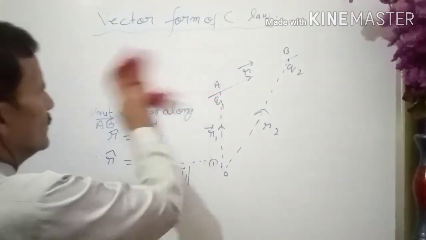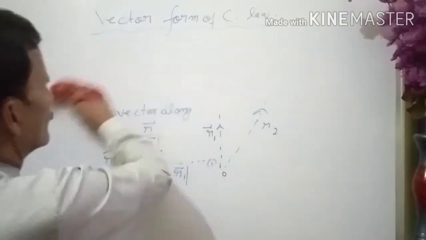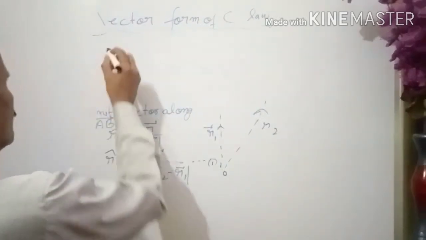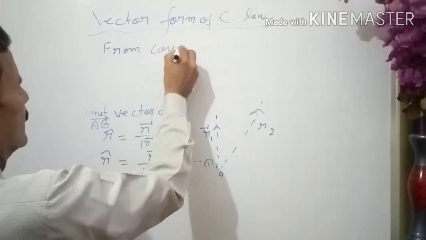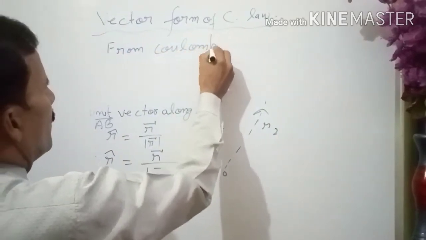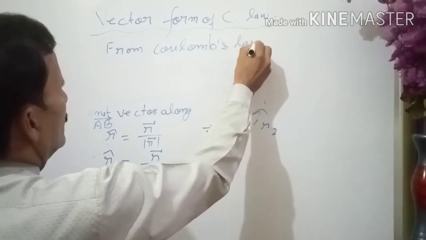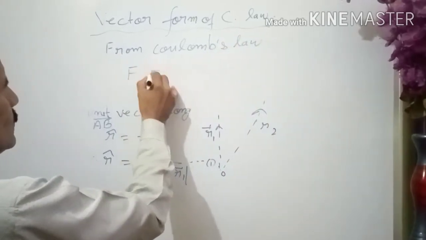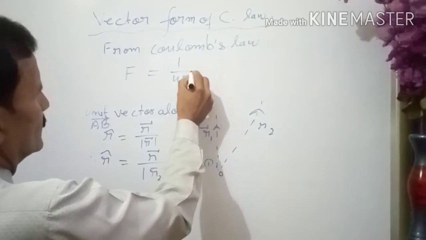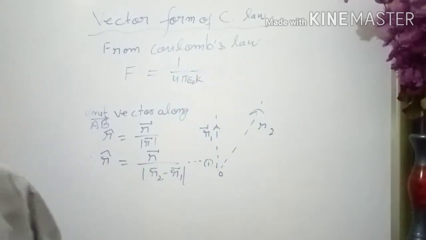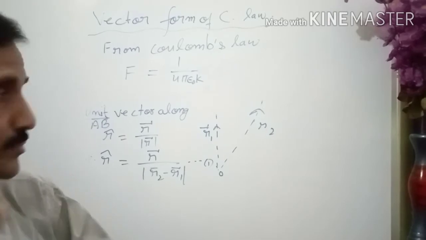We will use it later on. Now come to Coulomb's law. From Coulomb's law, F is equal to 1 upon 4 pi epsilon naught. We are putting here K. In fact, there is no K in your book, so don't worry.